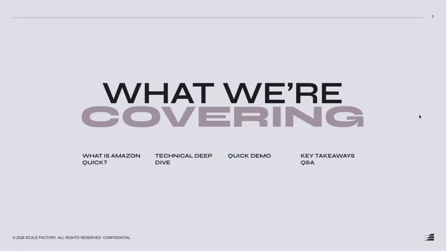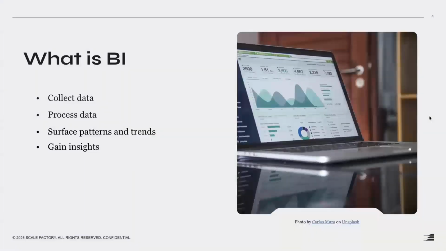So let's get started. I thought I'd start off by talking about what is business intelligence, just to give a bit of background and serve as a baseline. So business intelligence essentially is a way of, across an organization, collecting data and more often than not centralizing that, so storing that in a data warehouse or some sort of centralized system, and then processing that data as well.